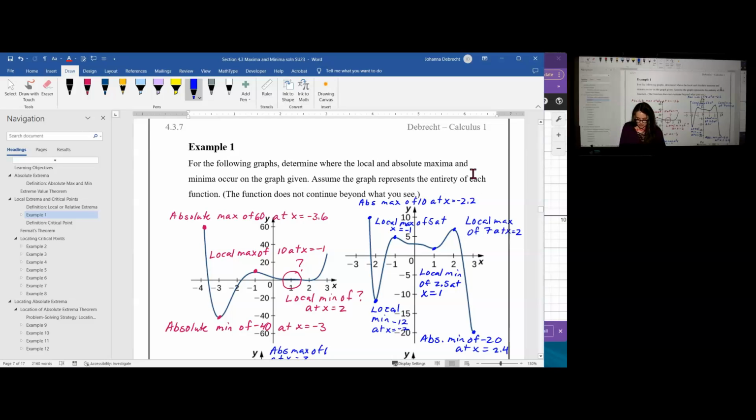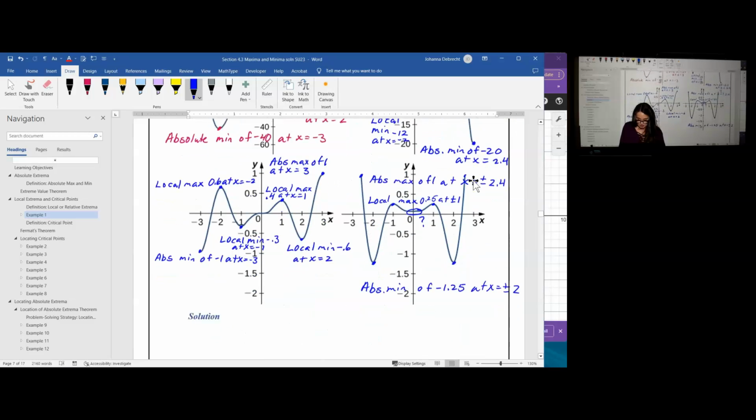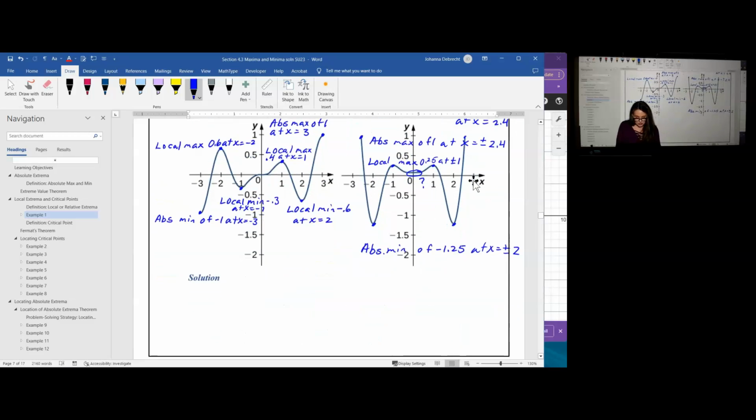Let's look at the last two graphs. In the last two graphs, we do have an absolute max of 1 occurring at x equals 3. Again, it's an endpoint, so it doesn't count as a relative. We have an absolute min of negative 1 at x equals negative 3, which also doesn't count as a relative because it's on the endpoint.